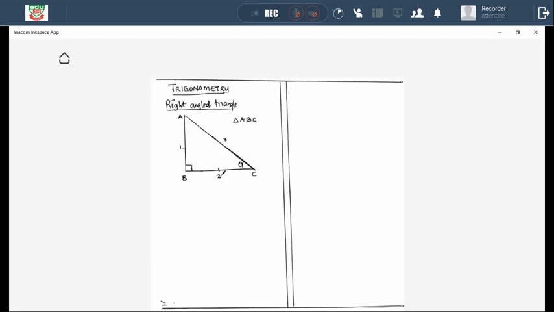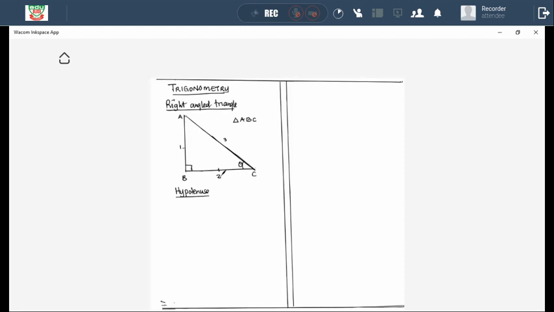Okay, let's look at this. The first side, which is very, very simple to identify, is what we call the hypotenuse. How do I identify the hypotenuse?